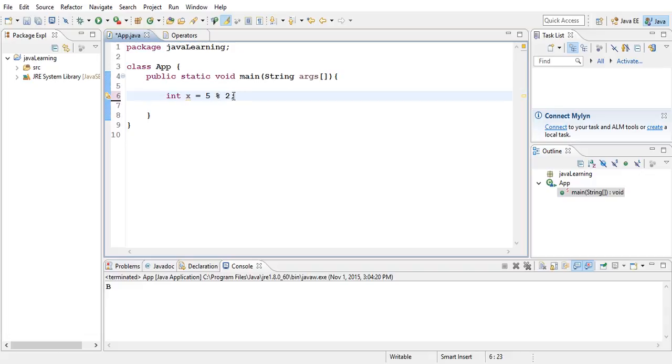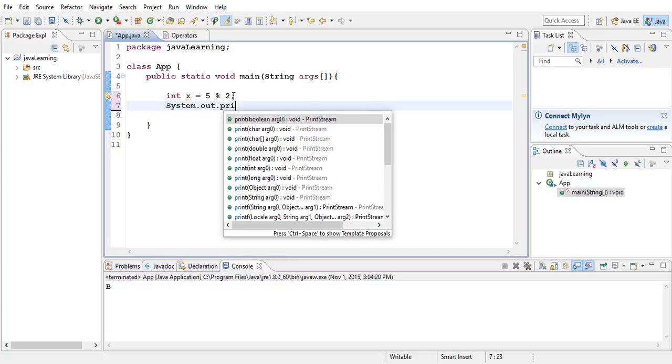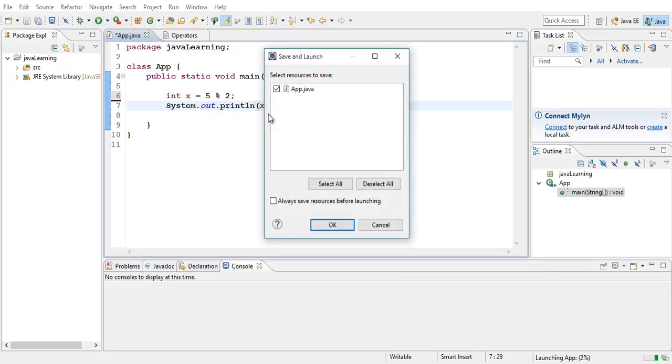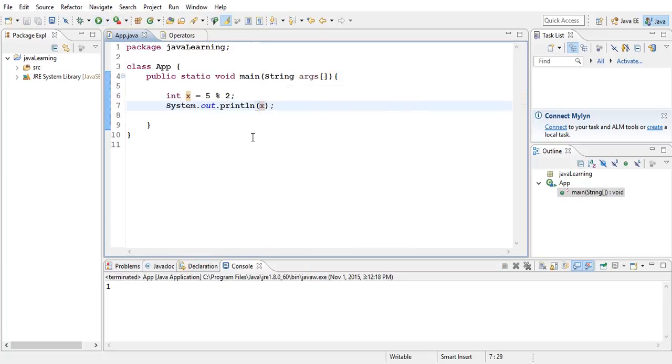The division operator gave us the quotient of the division, but this modulus will give the remainder, and in this case it would be 1. That is when 5 is divided by 2, the leftover is 1, and we get the result.